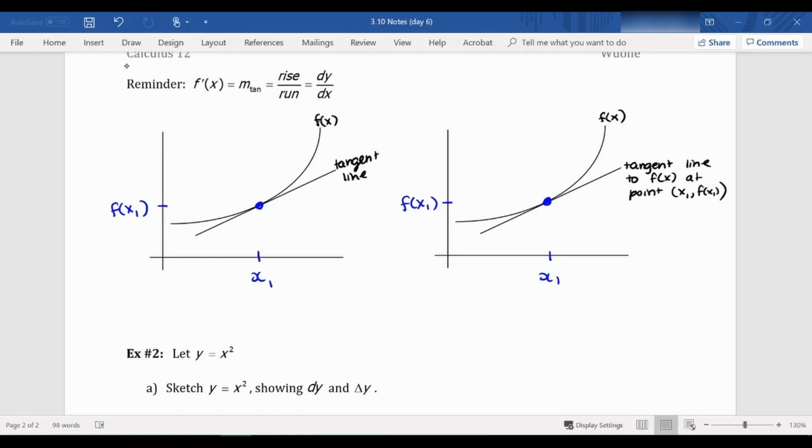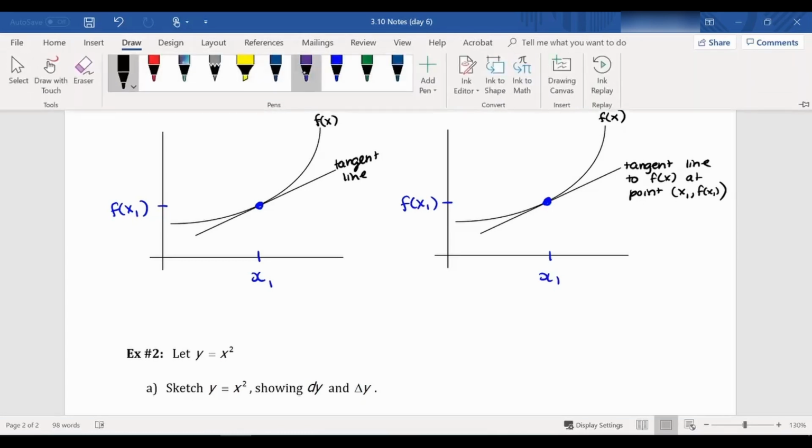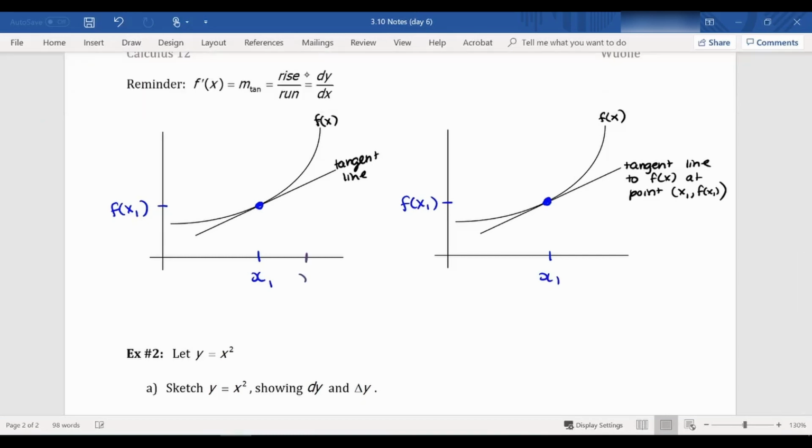All right. So if I want to look at the tangent line, if I were to draw a second point, x2, that point on my tangent line would lie about here. And my f of x2 would go here. So this is on the tangent line.